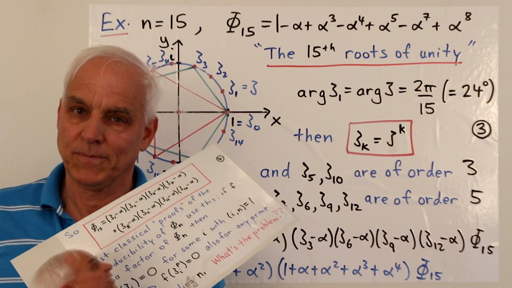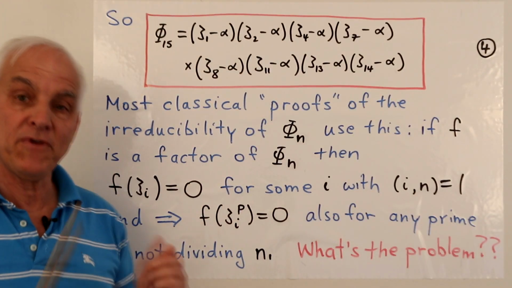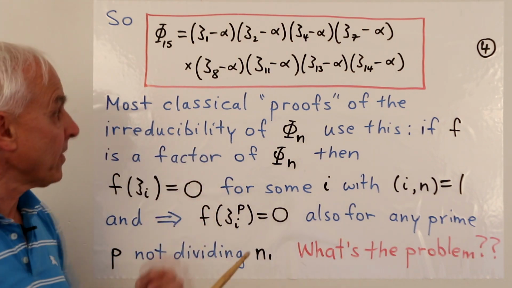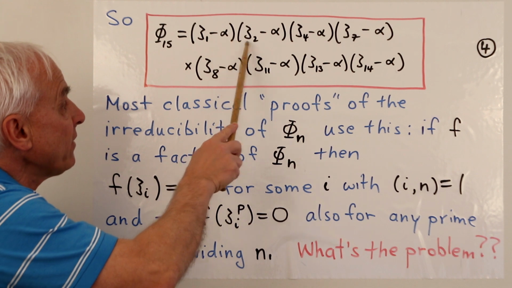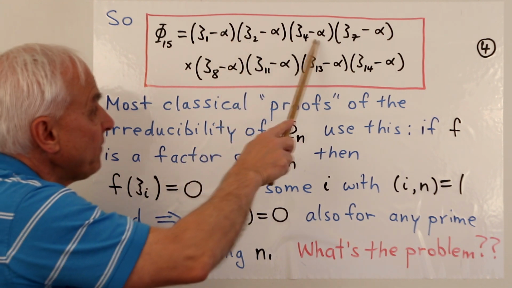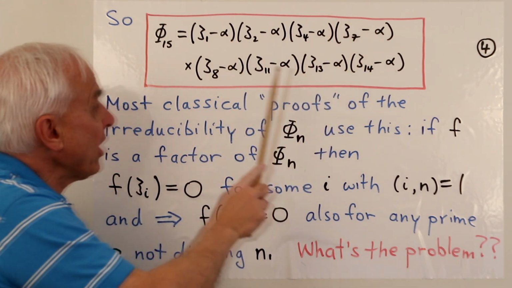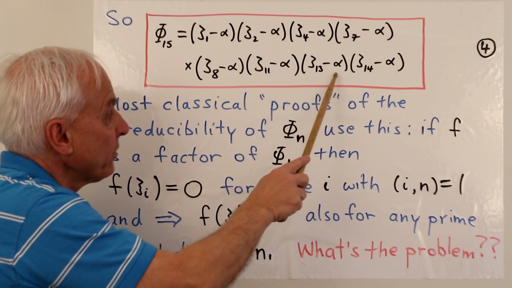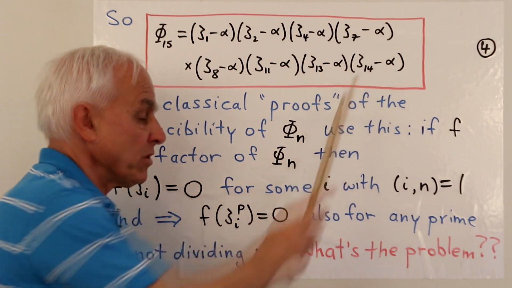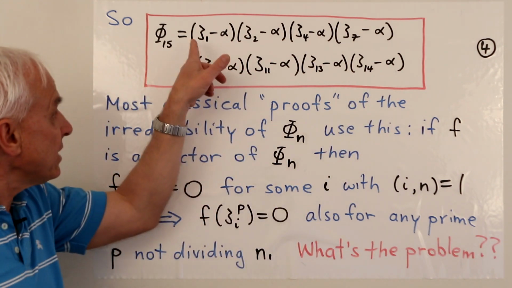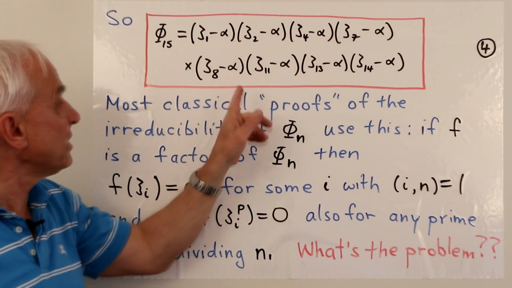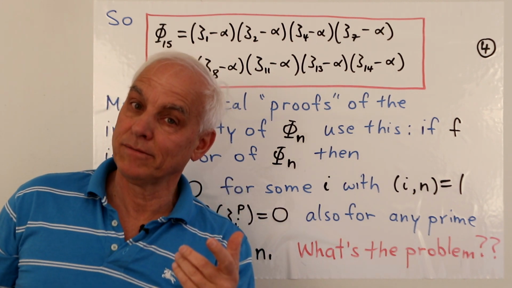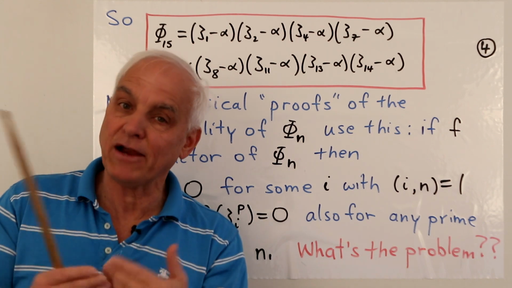So continuing with that, phi sub 15 is, in terms of these 15th roots of unity, zeta 1 minus alpha times zeta 2 minus alpha times zeta 4 minus alpha times zeta 7 minus alpha times zeta 8 minus alpha times zeta 11 minus alpha times zeta 13 minus alpha times zeta 14 minus alpha. And these indices here are exactly the indices which are relatively prime to 15. Don't share any factors.